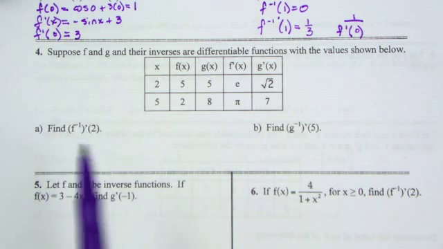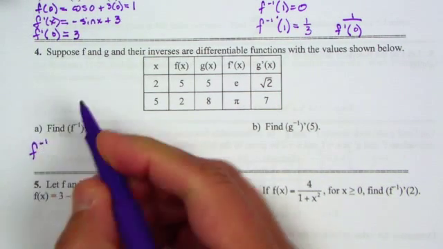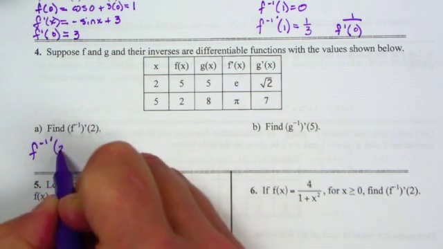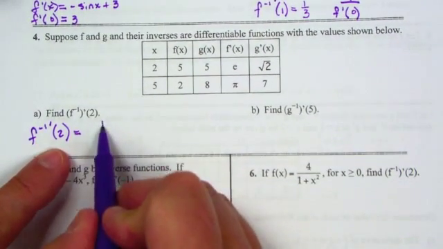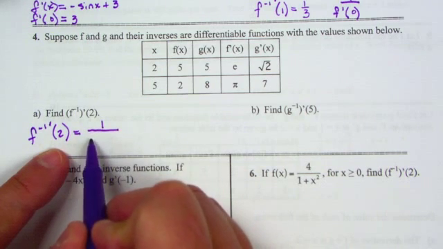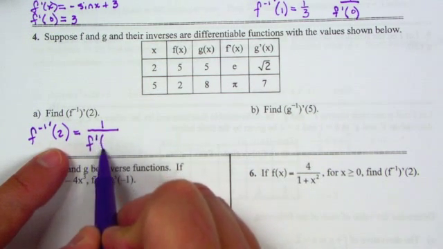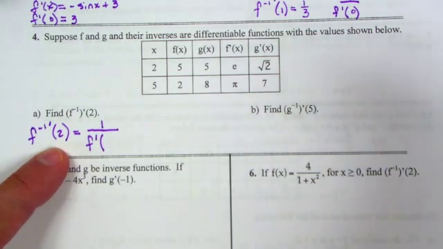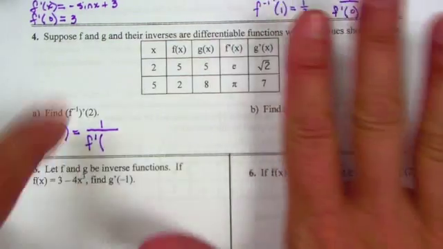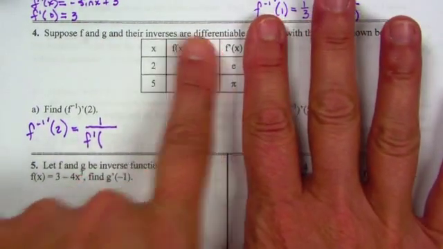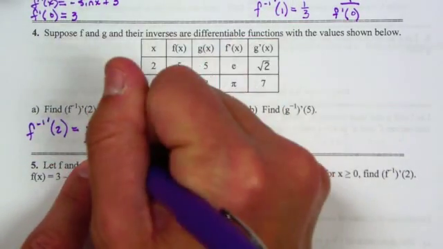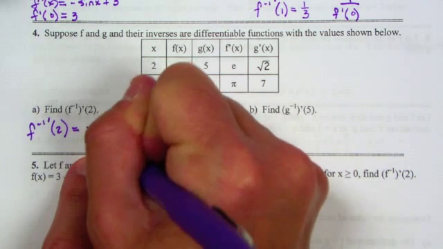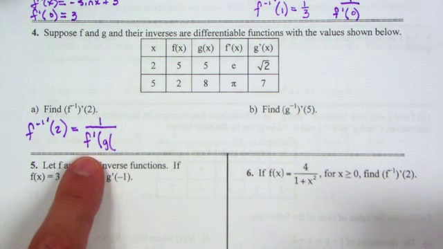What will that be equal to? 1 over f prime of, okay, so just go, don't put g, keep f and f together here. So this would be f prime of g of 2.